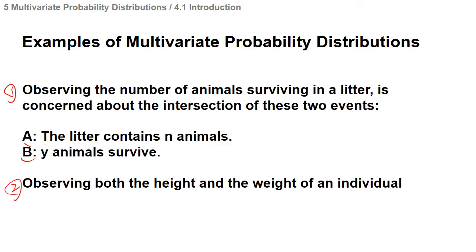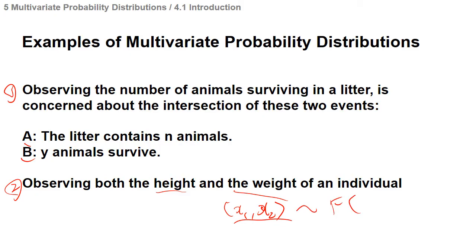The second example would be observing both the height and the weight of an individual. The height and weight, x1 and x2, for a given individual could be multivariate. This would follow some multivariate distribution.